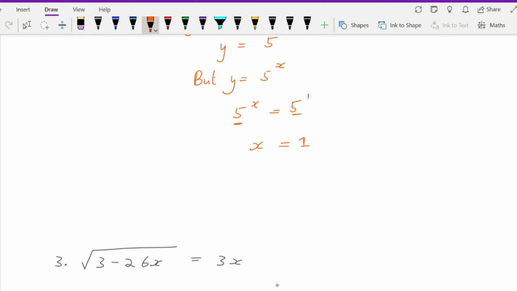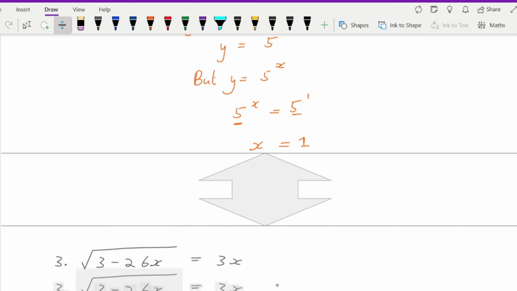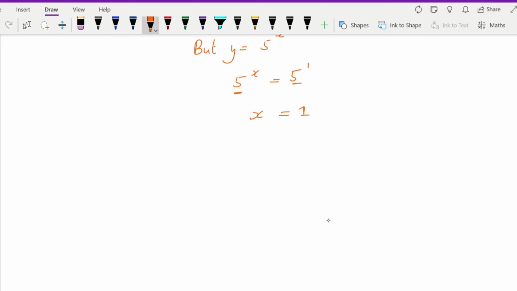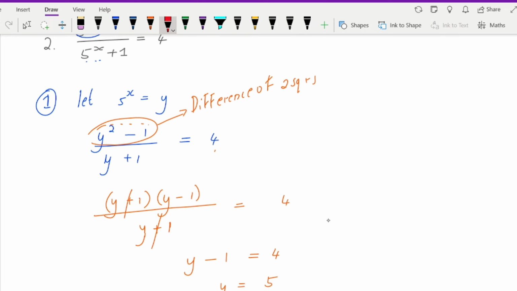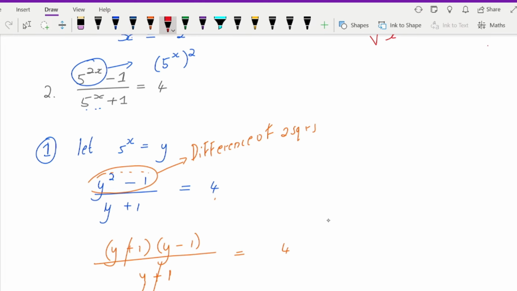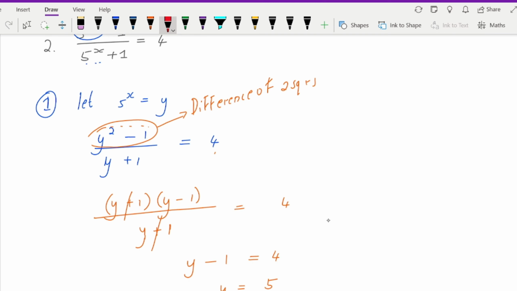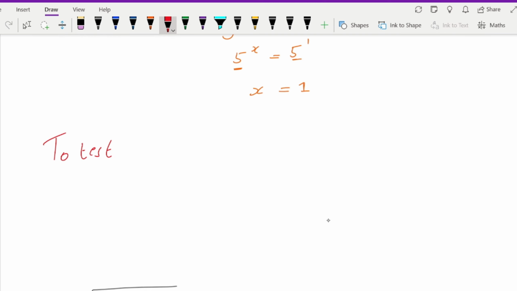And the amazing part about doing exponents is that you can actually test if your answer is correct. To test if your answer is correct, you can just take the original equation, which is 5 to the power 2x minus 1 all over 5 to the power x plus 1 equals 4.